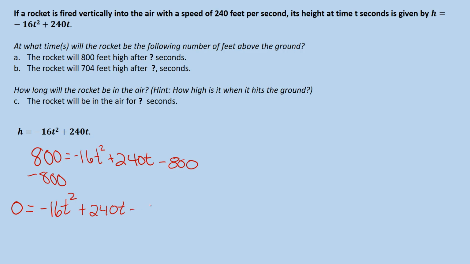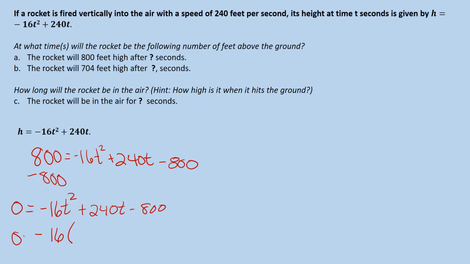240t minus 800. Not only do I want to factor out the negative, but I'd also like to factor out as large a number as I can that can go into this equation. So I'm going to start by seeing, can I divide this by, say, 16? And I can. So I'm going to factor out a negative 16.